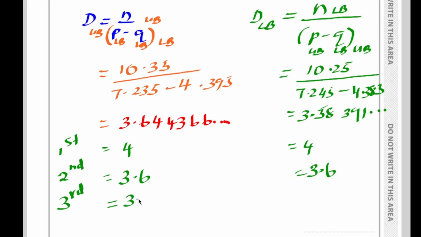This one stays as 3.64. This one stays as 3.58. By considering the third significant figure, I can't go ahead because they are different. Then I have to end up with 3.6, because I'm getting the same answer for the lower bound and upper bound. Once I come to the third significant figure, I'm getting different answers. Therefore, I'm ending up with my answer as 3.6.